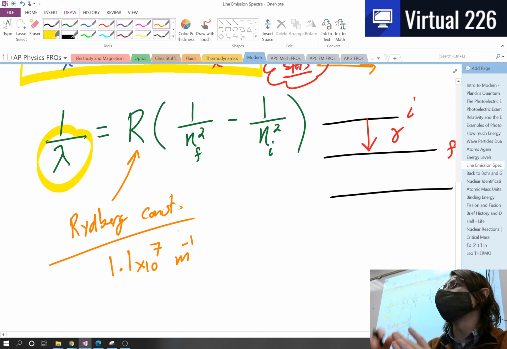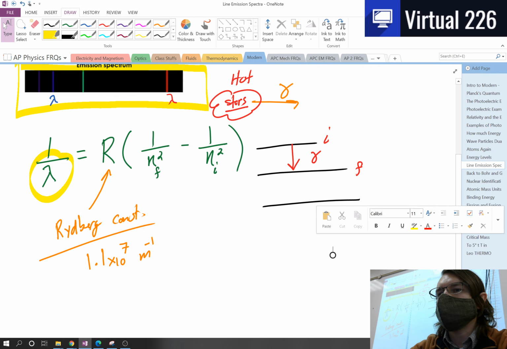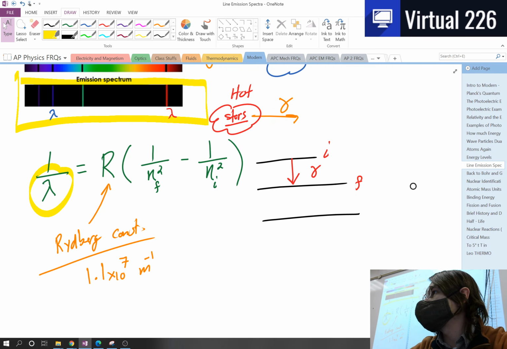So it's like 1 over meters. Now, something really interesting about this equation is that this equation was set up to plot and fit spectral hydrogen. And it fits spectral hydrogen perfectly.